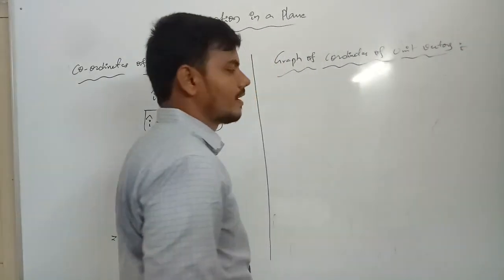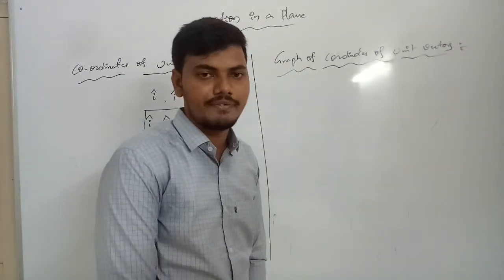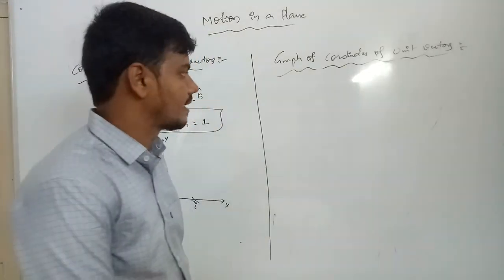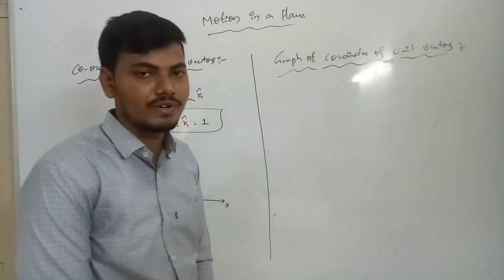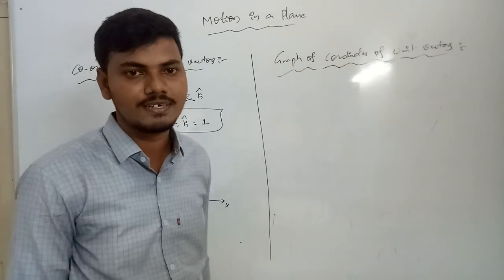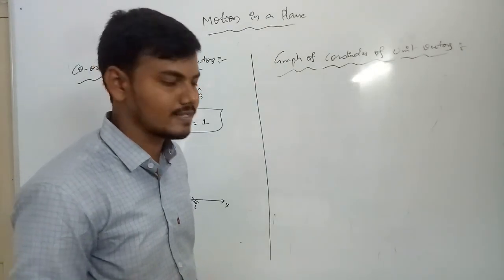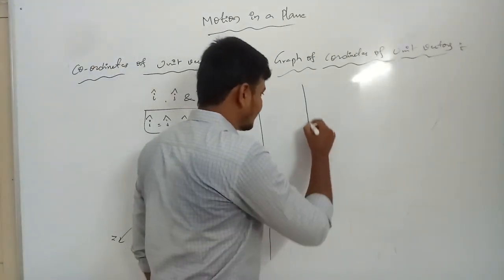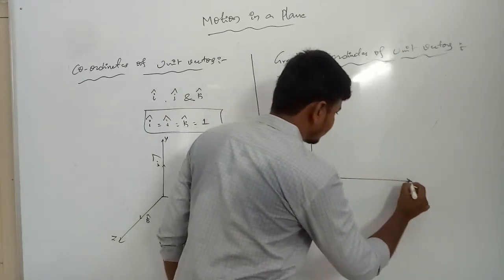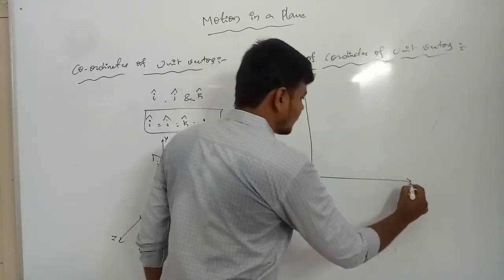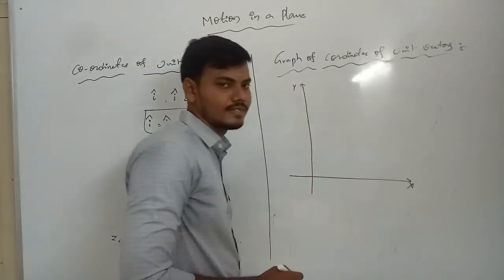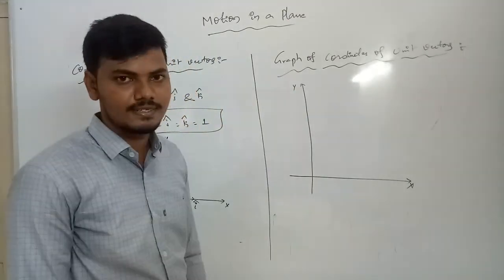The first coordinates i cap, j cap, and k cap can also be introduced. There are two types of introduction here. For example, I choose the graphical analysis at the x axis to y axis. This one is the x axis, this one is the y axis.